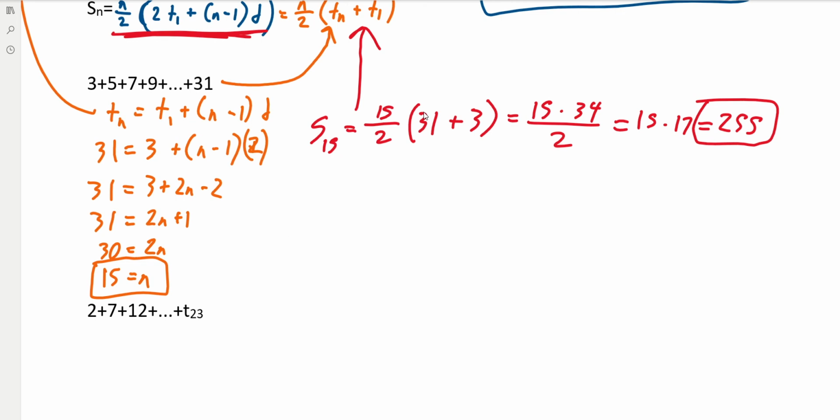Okay, so what we need to do is S23 equals, well, we already know 23 is our n. We also know our T1 is 2. We also know our n term is 23. And we know the difference between each term is 5, adding 5.